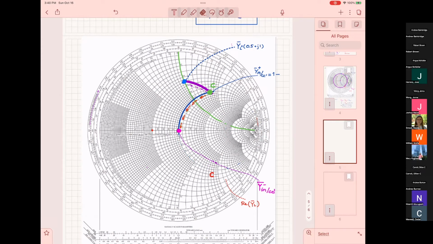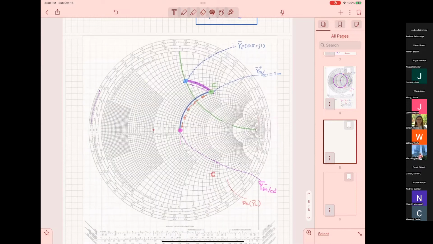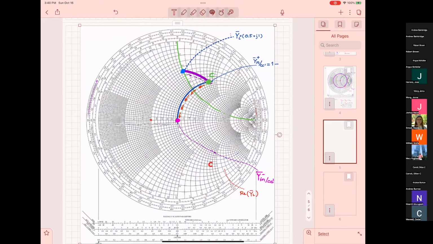Because I cannot go straight. Say the light blue here was my load, and I want it to come to the pink. But I cannot go straight. That's why I had to develop all of these circles, all right? So now you can see why I have to put all of this, but this is the movement on the Smith chart that I made.